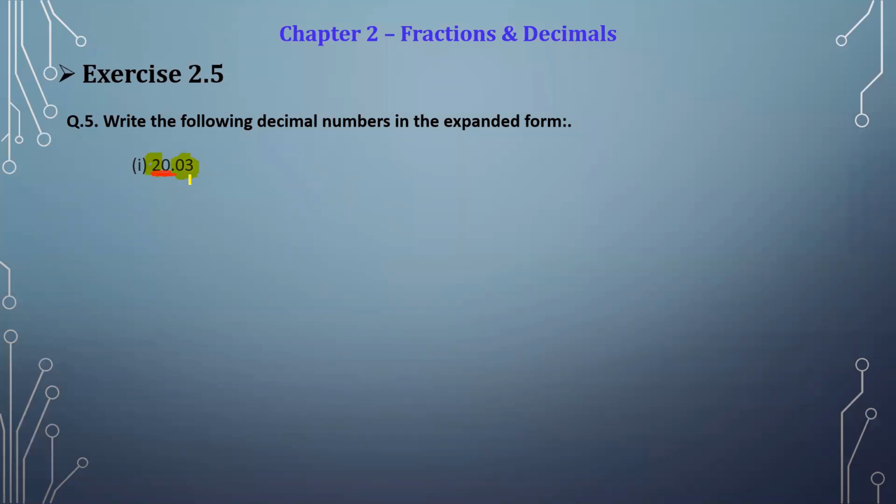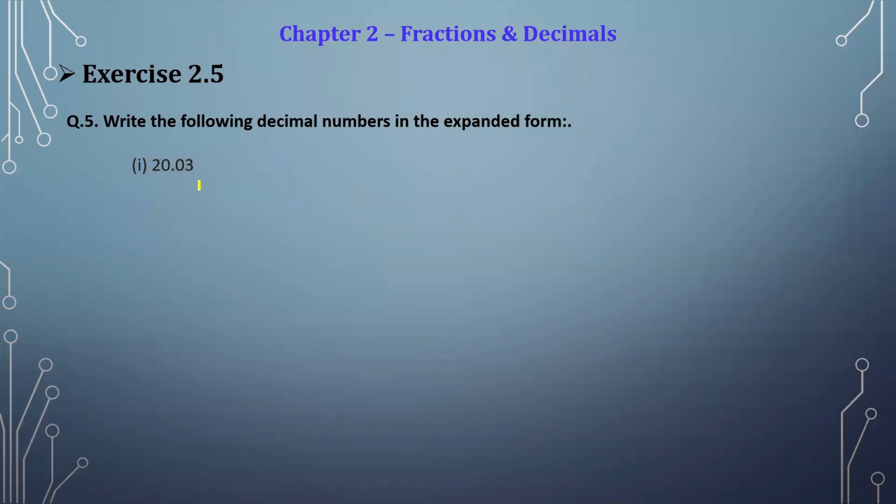Then after the tenth place we move further, and it is going to be the hundredth place. So this 3 is referred to as the hundredth place. Then if you take another digit, it is the thousandth place, like this. So whatever the position of that number is, it is very important, and by using these positions we are going to expand the given decimal number.